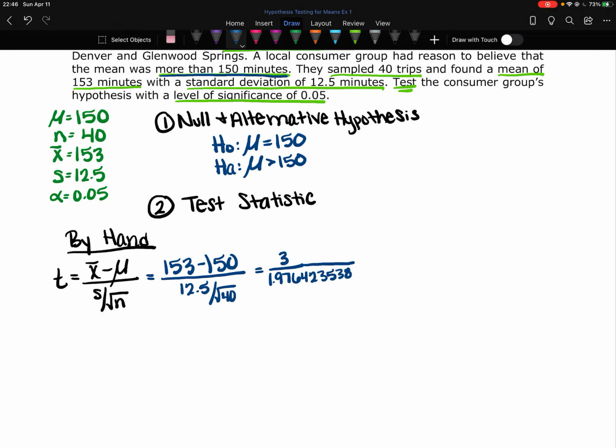We want to keep all those decimals until we get our final answer. And now I can round this: 1.5179. That is my test statistic, calculated by hand.